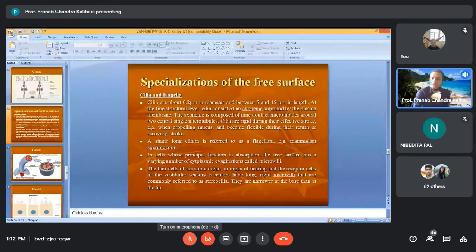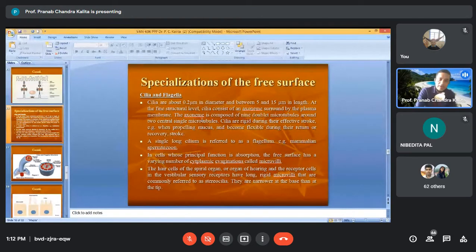But what is this axoneme? Axoneme is composed of 9 doublets of microtubules around 2 central microtubules. And cilia are rigid in the effective stroke when propelling mucus and become flexible during the return.